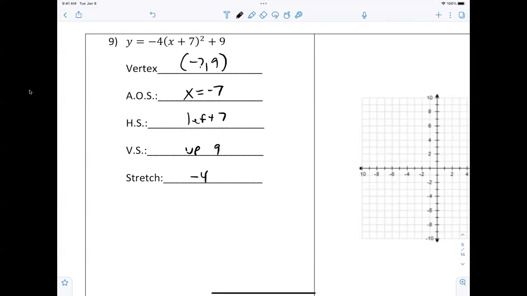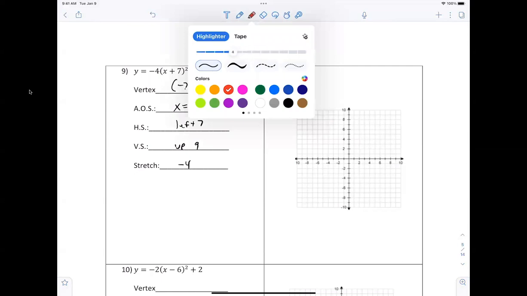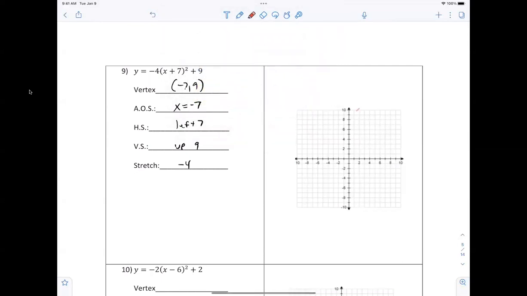Hey guys. x equals -7. Plot the vertex, which is -7, 9.